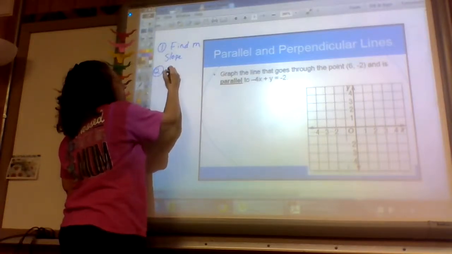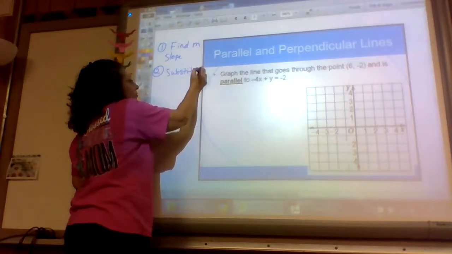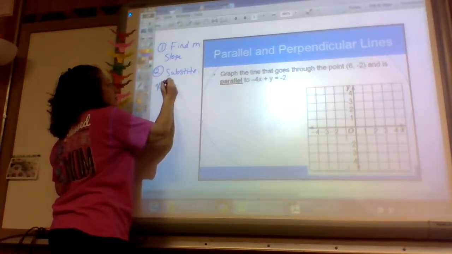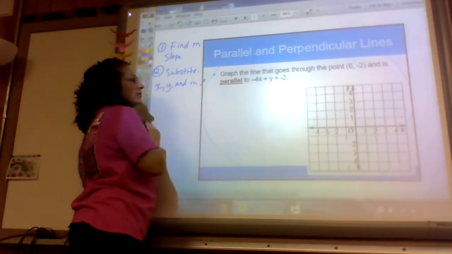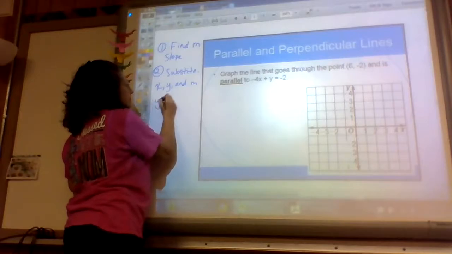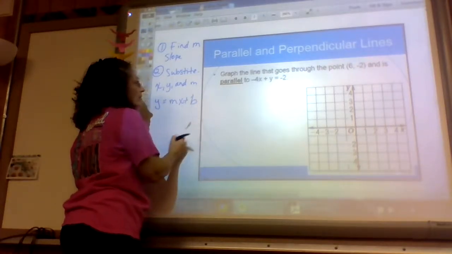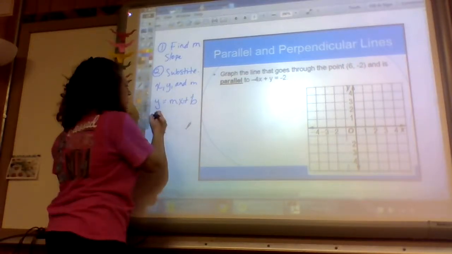Second step is always going to be to substitute. When you have a point and a line or a point and a slope, substitute your x, your y, and your slope into y equals mx plus b. So you're substituting the y, the m, and the x so that you can find the b.